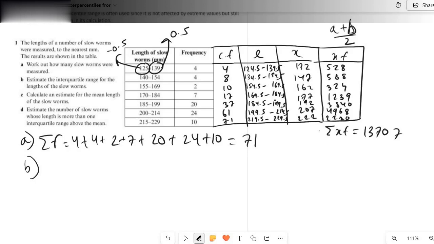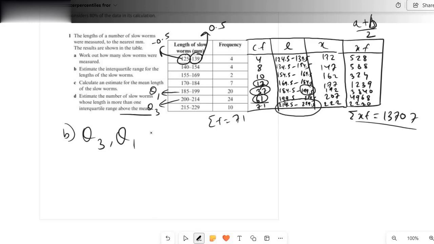But for number B, we have to find the interquartile range. So we have to find the upper quartile and then the lower quartile. So in order to find the quartiles, for the lower quartile, we know that it lies at 1/4 of the total data. So 1/4 multiplied with the summation of F, which is going to be 71.